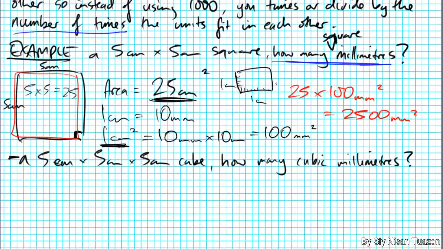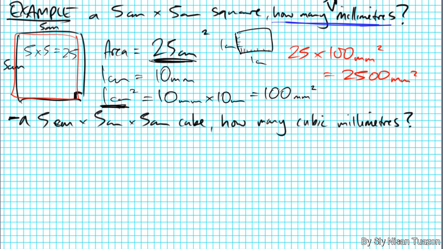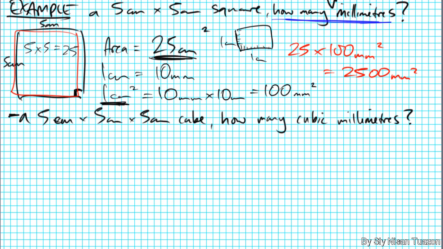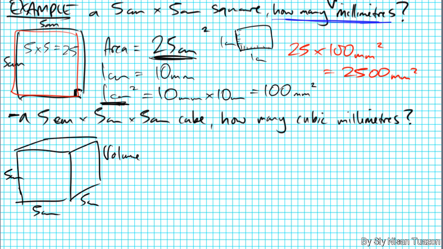Lastly, we'll do the volume example. So here you would now have a cube. It's 5 centimeters by 5 centimeters by 5 centimeters. So the volume of that is going to be 5 by 5 by 5, so 125 cubed centimeters with a 3 on the side.